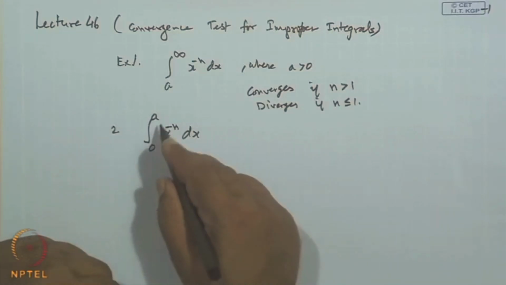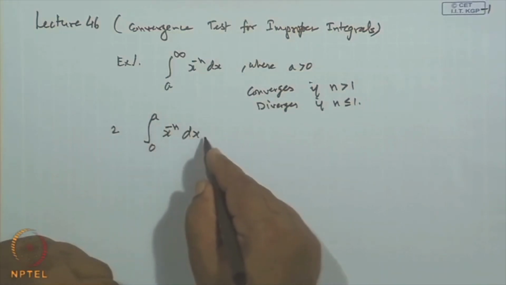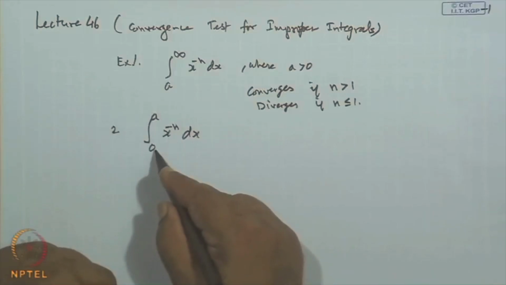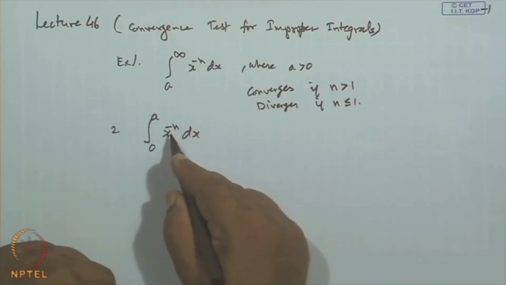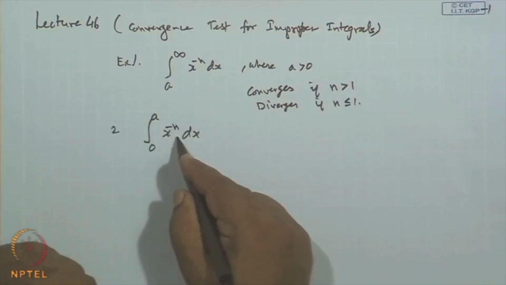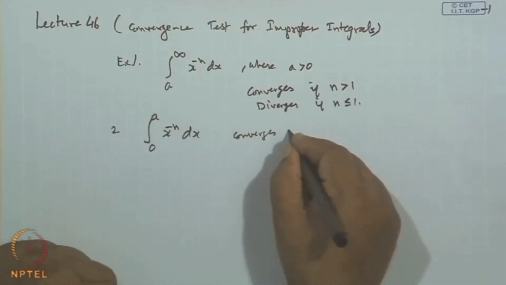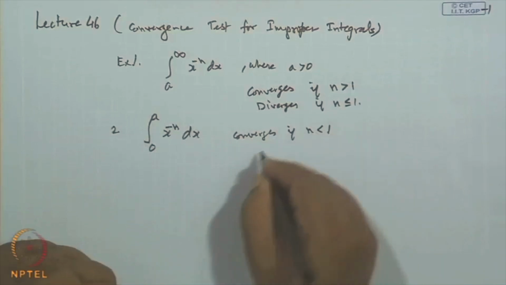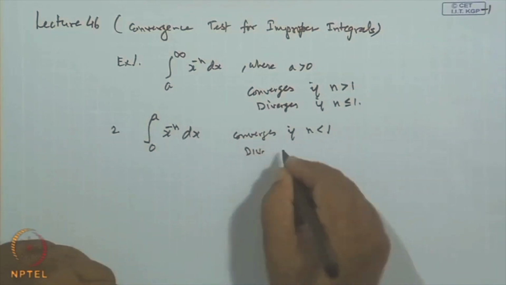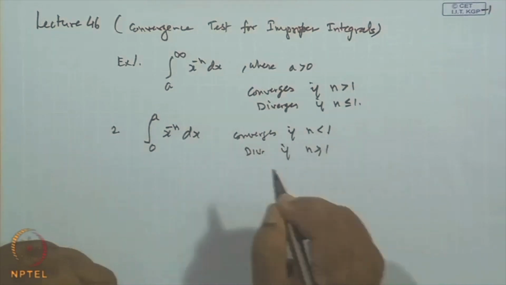We have seen the integral from 0 to a of x to the power minus n dx, where the function is not defined at 0. Hence this is an improper integral of the kind 2, and we have seen this integral converges if n is less than 1 and diverges if n is greater than or equal to 1.